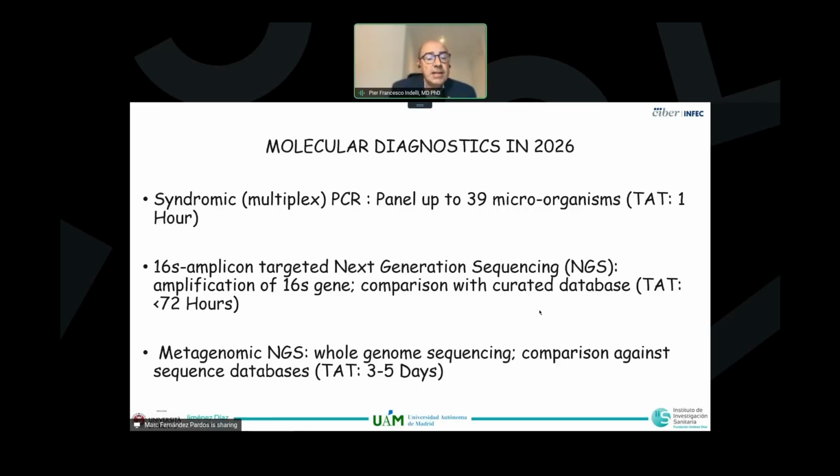Then we have the 16S targeted next generation sequencing, an amplification of the 16S gene, with a turnaround time of a little less than 72 hours. And then there is this new technology, the metagenomic next generation sequencing, where the whole genome is sequenced and compared against a database. The turnaround time is between 3 and 5 days.